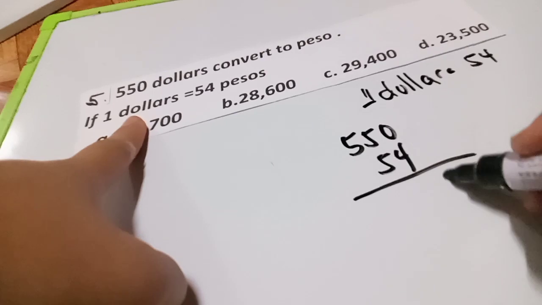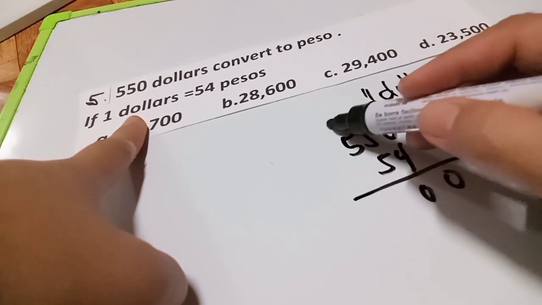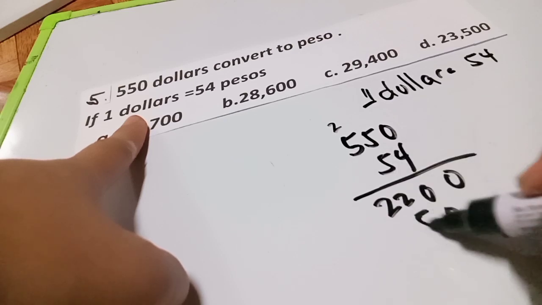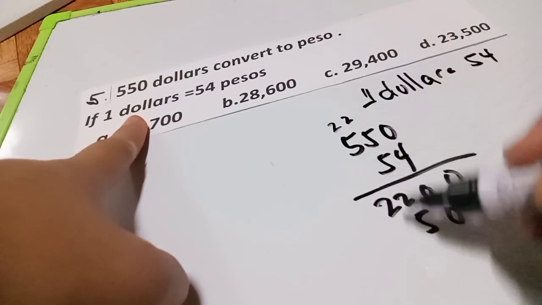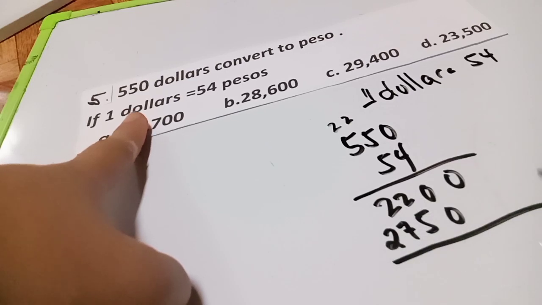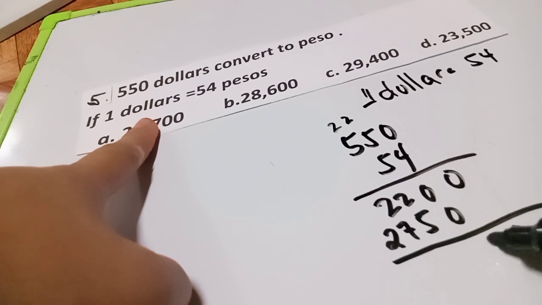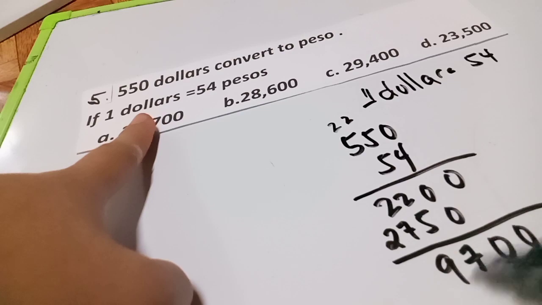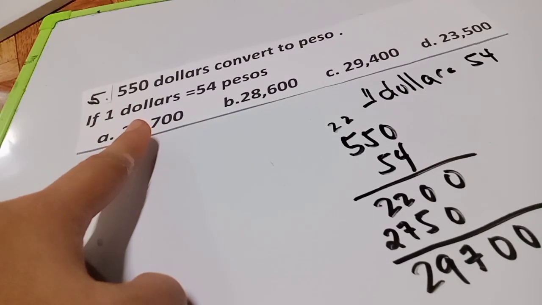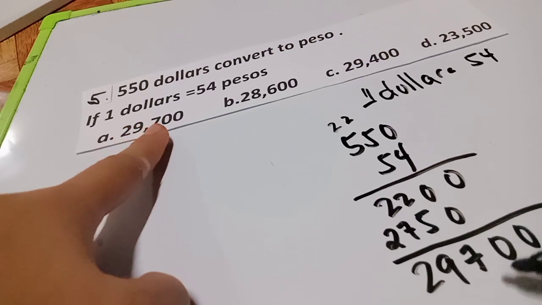So multiplying, we get the digits step by step, and the answer is 29,700.